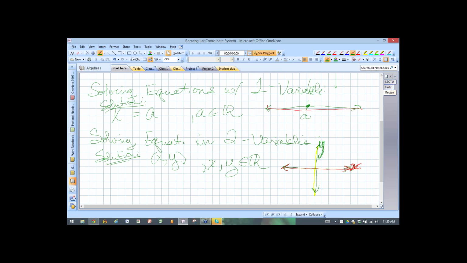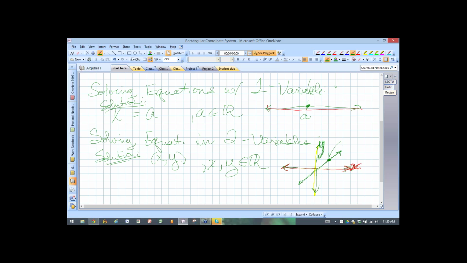So what do the solutions look like? Well, (x, y) is just a single solution to these equations. If you wanted to make a set of all the solutions of a linear equation in two variables, it would look like this most of the time. 99.9% of the time, for your purposes, here's what your solution set will look like graphically. Let's pick a little point here.